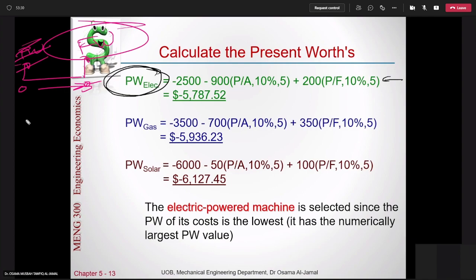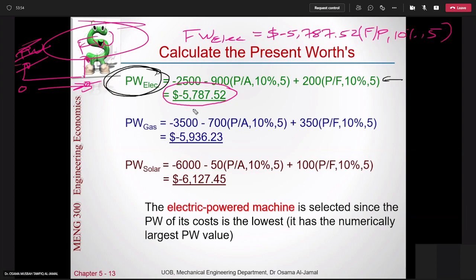If we use this directly, what you want to see or to say here, the future worth for electric, I'm going to use that number equal to negative 5787.52 to substitute the value. What you want to find is F given P, 10%, 5.